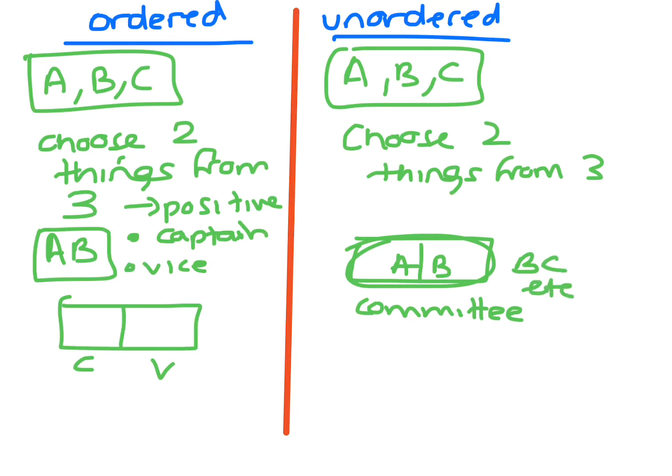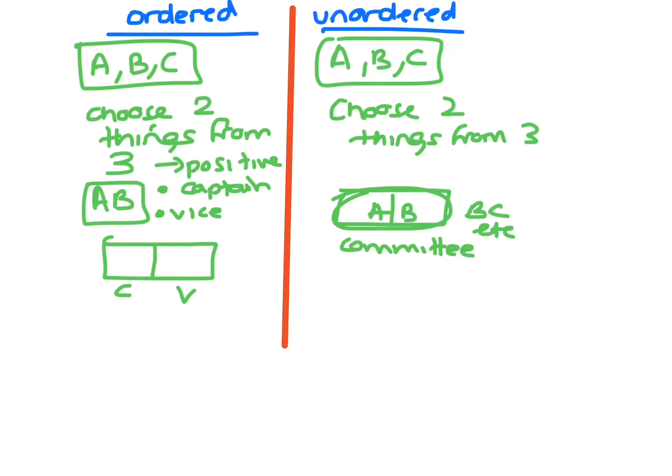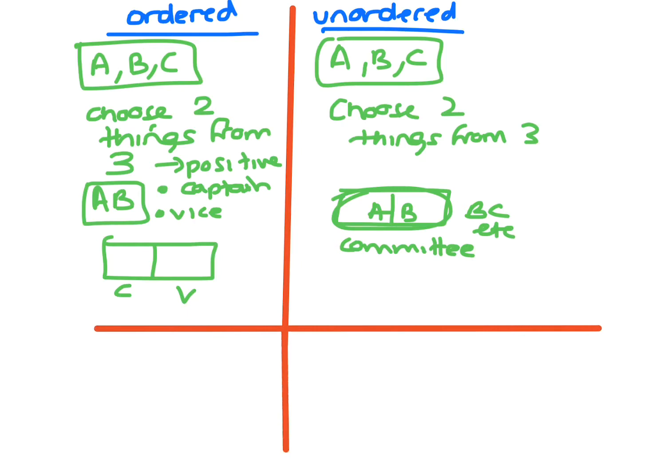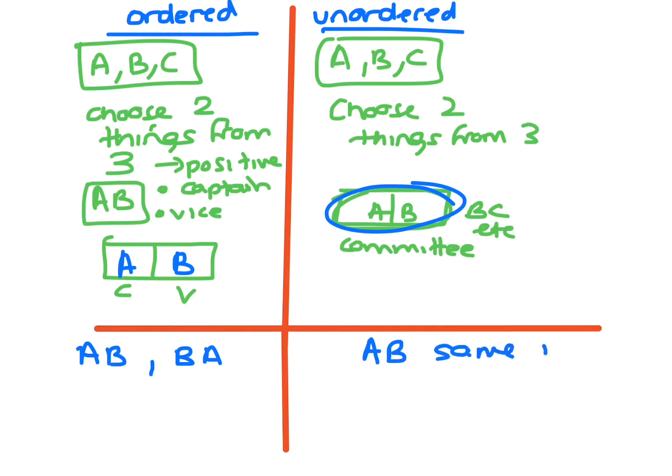Okay? So the difference between ordered and unordered is with the ordered selection, basically, when you're looking at that, AB and BA are different things, because you'd care if you were captain compared to vice, or vice compared to captain, their actual positions. Whereas if you're just picking 2 people for the committee, AB will be the same as BA.